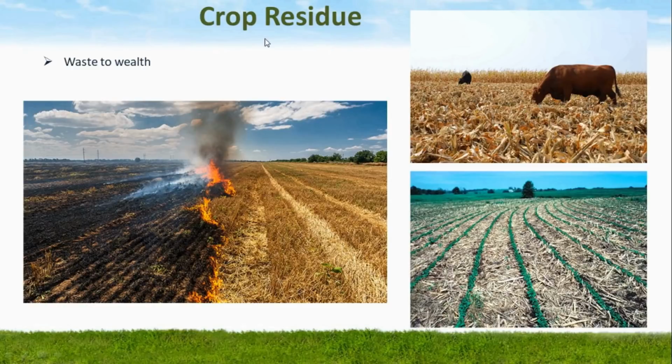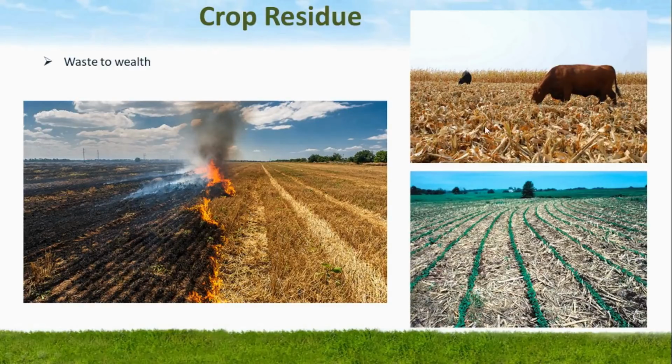The second component is crop residue. A lot of crop residues are available in farm which include vegetative parts of plants like straw, leaves, etc. Many times it is neglected or burned, causing air pollution and loss of valuable resources. Actually, crop residue is not waste, it is wealth.